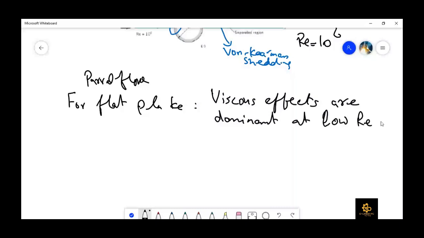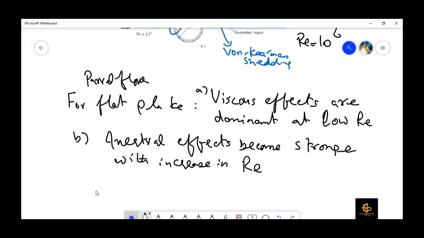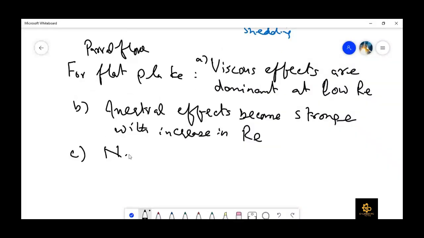So this is the first point. Then the second point is that inertial effects become stronger with increase in Reynolds number. Then we have got no flow separation.